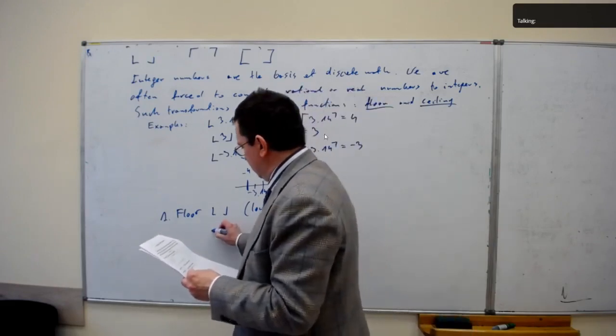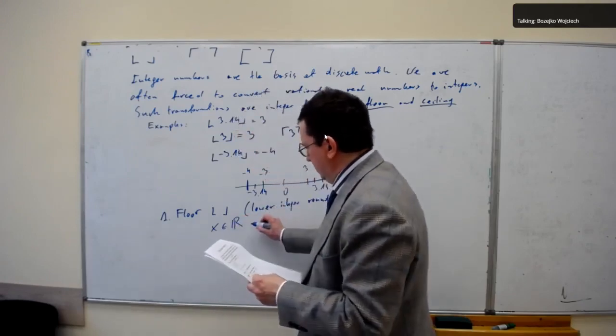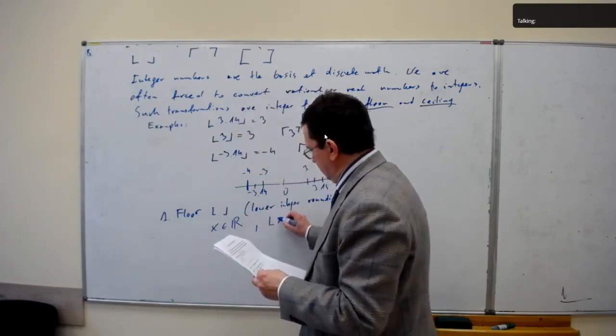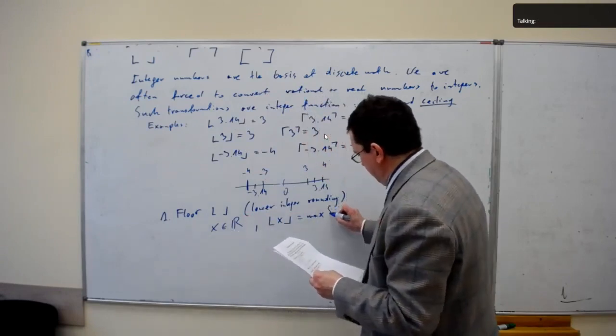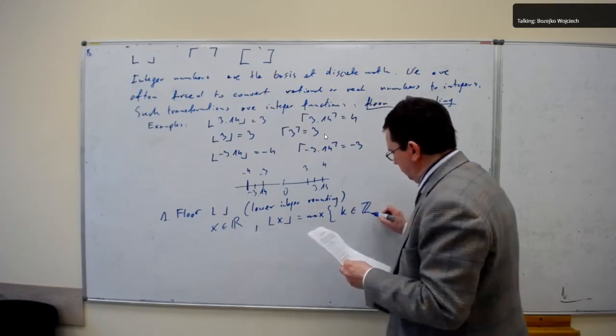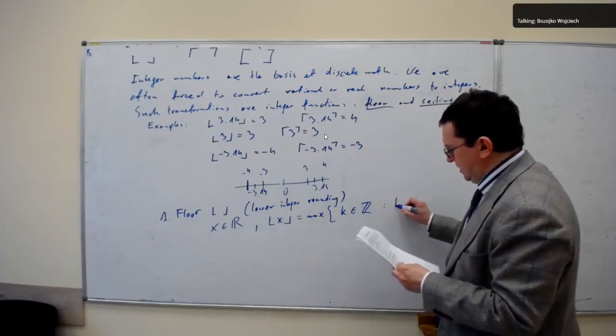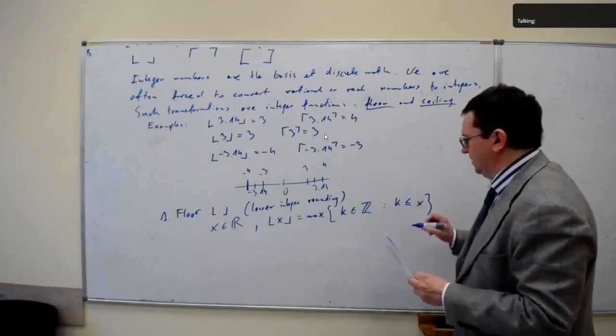So let us take the real number x, and the floor of x is the maximal k belonging to the integers such that k is smaller or equal to x.